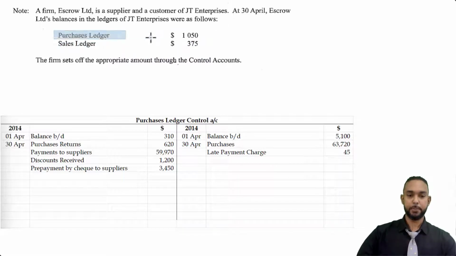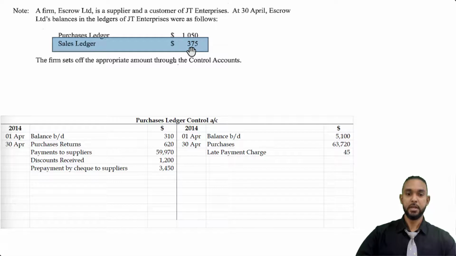So if we scale it up now, if we owe somebody 1,050 and they owe us 375, we'll just pay them the difference between 1,050 and 375. But what it means, listen to me now, is that you are setting off or cancelling the 375.